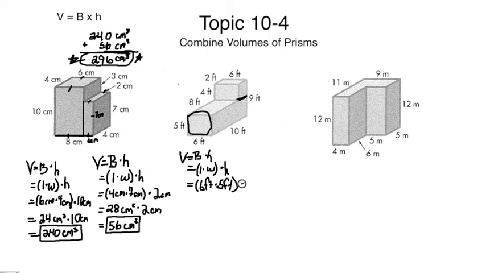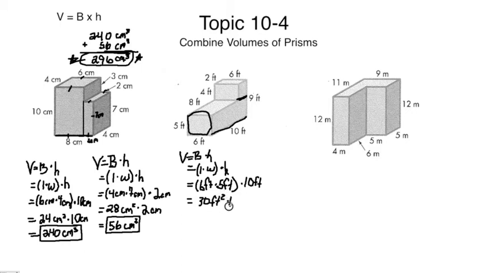And multiply it by the height, which is the full length, which is 10 feet. All right, so now we chug. 6 times 5 is 30. Feet times a feet is feet squared.